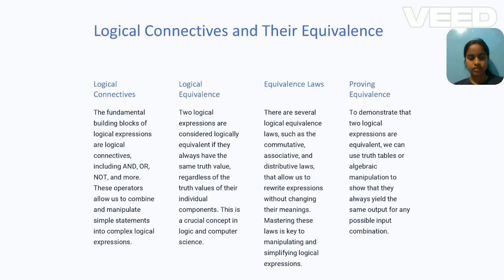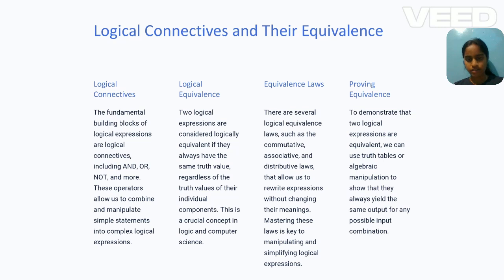Logical connectives. The fundamental building blocks of logical expressions are logical connectives, including or, and, not, and more. These operators allow us to combine and manipulate simple statements into complex logical expressions.